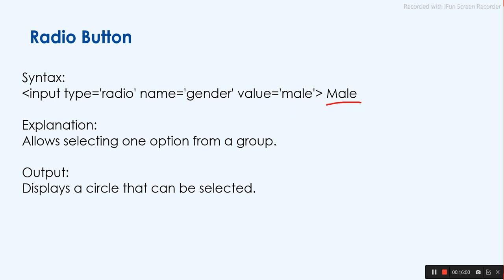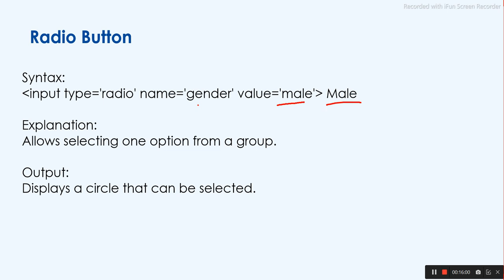This male will get displayed near the radio button, and this is the value of the radio button. Okay. Now actually we will use radio buttons for mentioning the gender. Gender will be like male or female, something like this. Okay. So you can select any one option from the group of radio buttons. Okay. That is the purpose of the radio buttons.